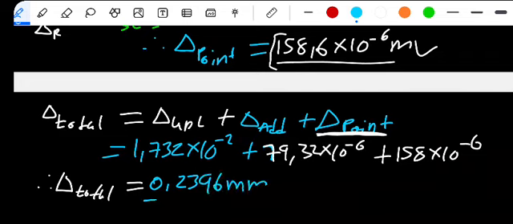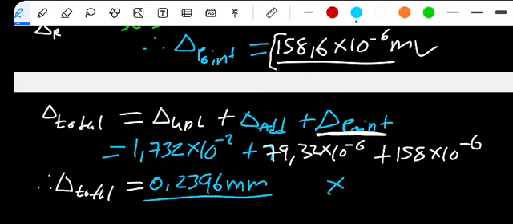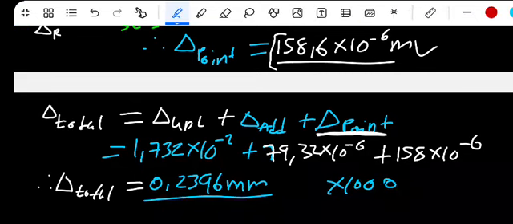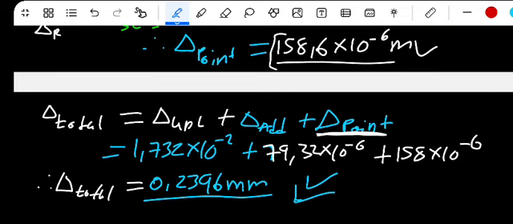When you remember the answer that you got, you multiply by 1000, so you write it in millimeter after you've added those. So this is how you go about it. That is it, guys. This is how you go about finding these deflections.